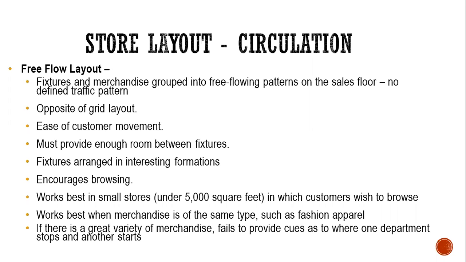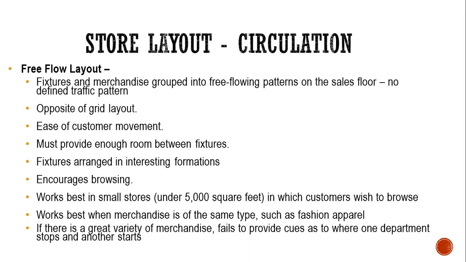Fixtures are arranged in interesting formations, which encourages browsing. It works best in small stores under 5,000 square feet, in which customers wish to browse. It works best when merchandise is of the same type, such as fashion apparel. If there is a great variety of merchandise, it fails to provide cues as to where one department stops and another starts.